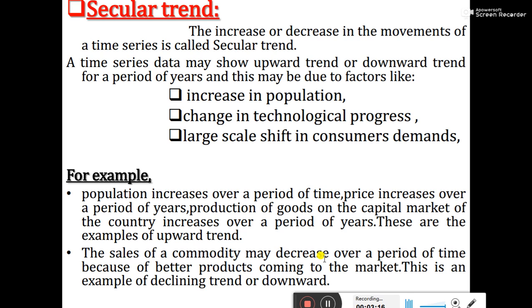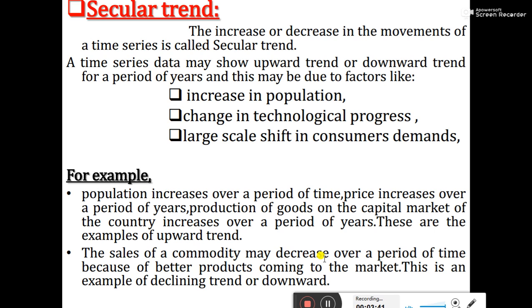A time series may show an upward trend or downward trend for a period of years, and this may be due to factors like increase in population, change in technological progress, or a large scale shift in consumer demands.